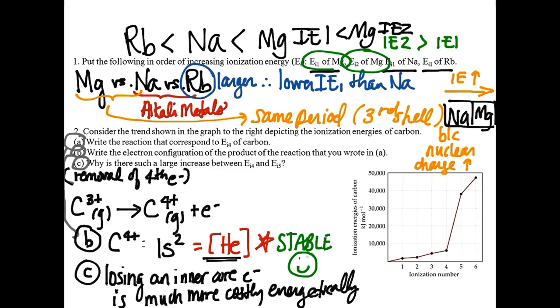So the fifth one would be loss of inner core electrons, which is much more costly energetically. It's much more difficult to remove inner core electrons, not only because noble gas configuration is stable, but because inner core electrons are closer to the nucleus. So all 4 of these are valence electrons, and these 2 at the top are inner core electrons, which is why they are so high in ionization energy.